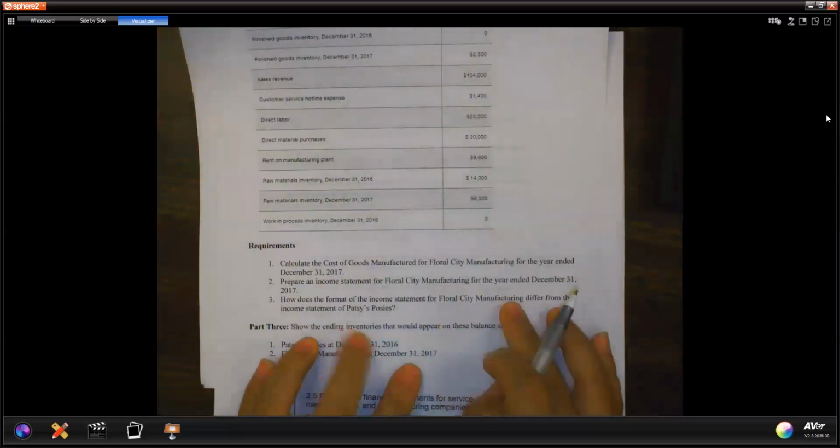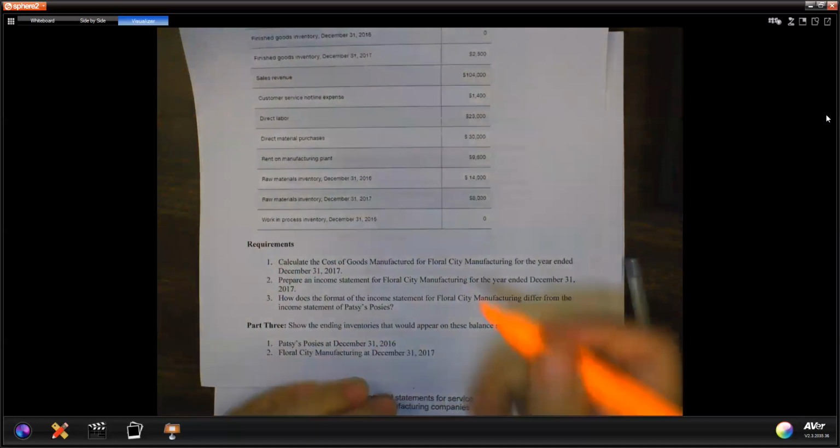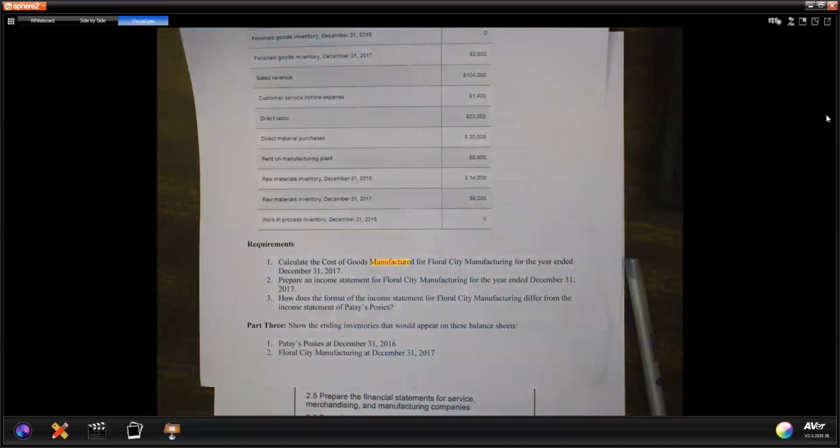We go to the next question. So you look at the question first, and now it became a manufacturing company, and it still asks us to prepare our income statement. For a manufacturing company, the income statement is a little bit complex.